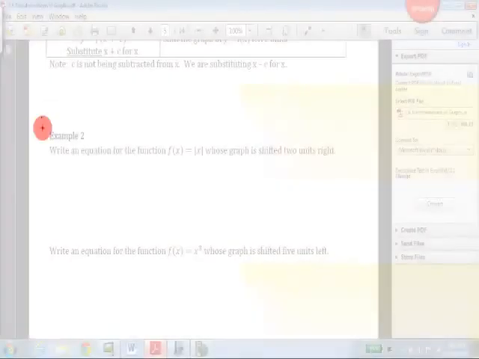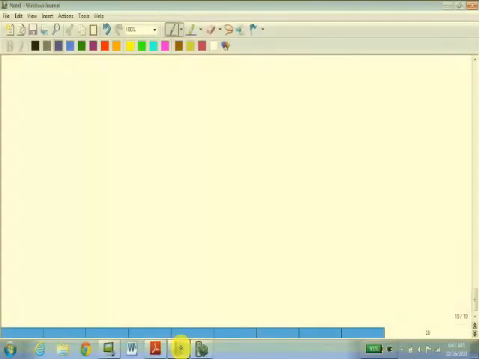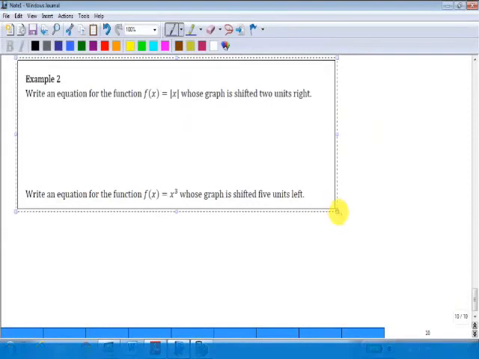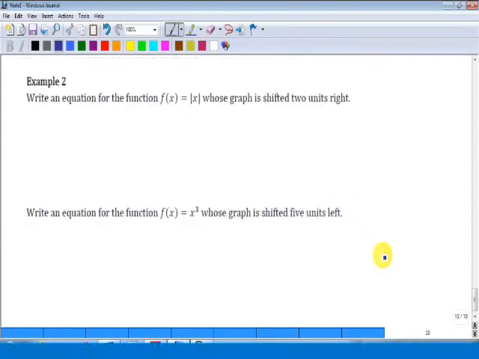All right. Special cases, examples. Write an equation for the function whose graph has been obtained by taking y equals the absolute value of x, and shifting it 2 units to the right.